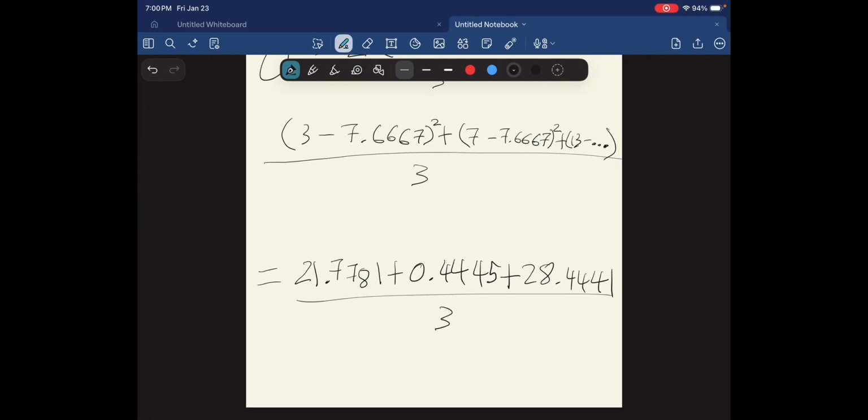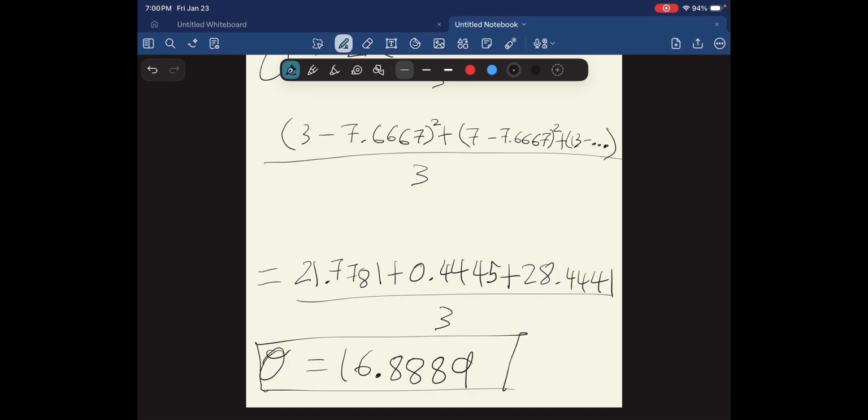So 21.7781 plus 0.4445 plus 28.4441, and we'll divide that by 3. So our variance, under the root, equals 16.8889.